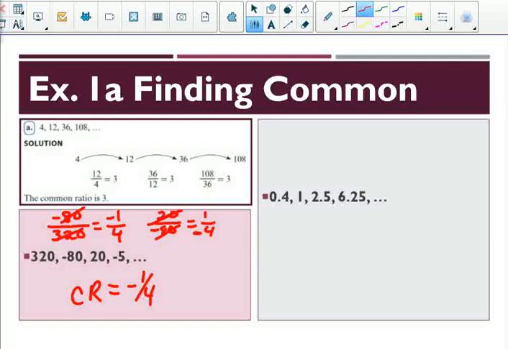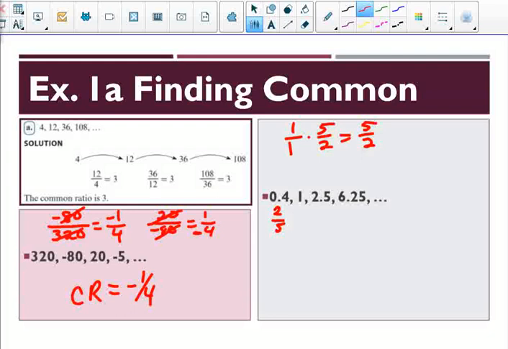So 0.4 is the same thing as saying 2/5. Now I take the second term, so I have 1 over 1. Now I need to divide by 2/5, which means multiplying by the reciprocal of the fraction, 5/2. 1 times 5/2 is 5/2, or 2.5.